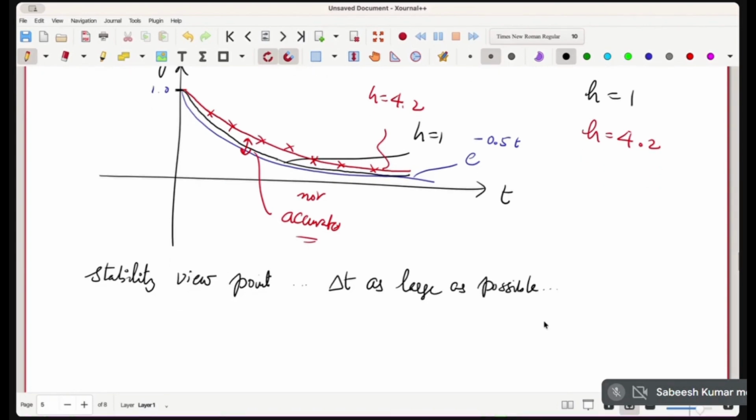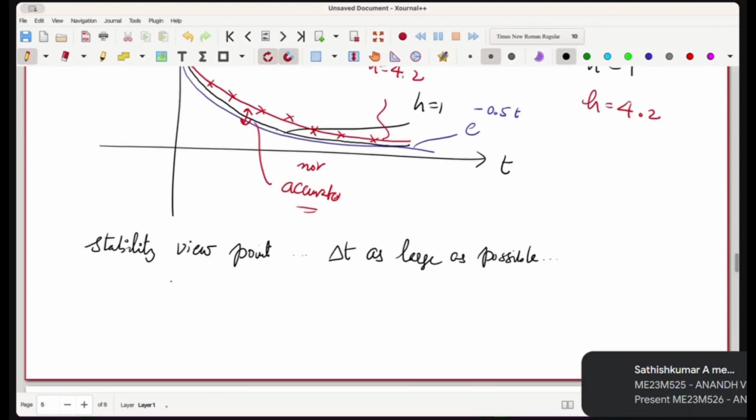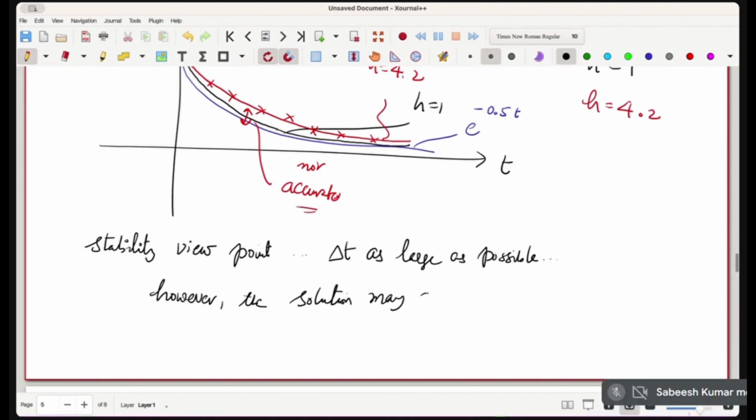Okay. However, the solution may not be accurate. Okay. That means we want to keep delta t small from the accuracy point of view.